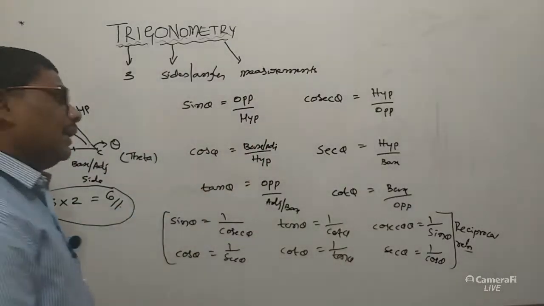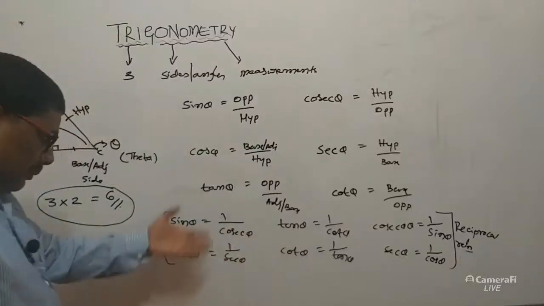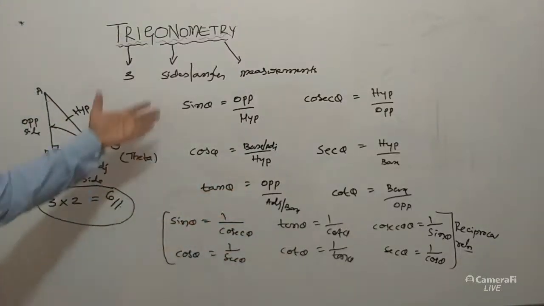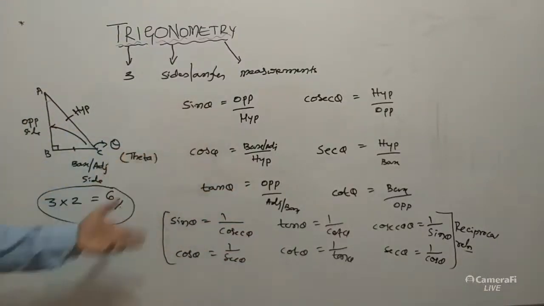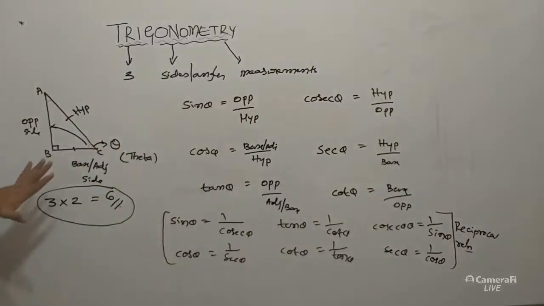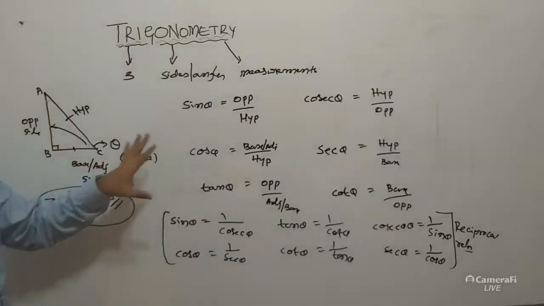Not only this, even some more identities you can formulate by using these reciprocal relations as well as the ratios of the trigonometric functions. So basically this is the basic fundamental introduction of trigonometry. I hope the concept is very clear.